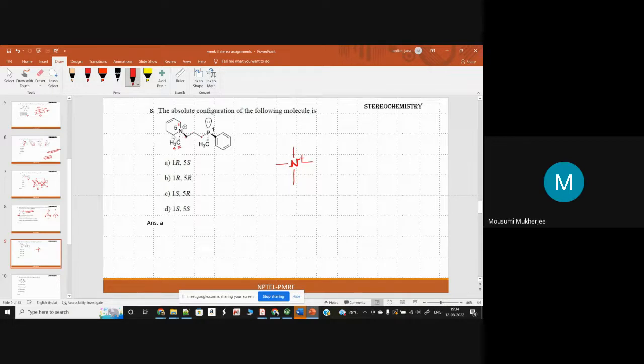C, C, C. There is a double bond over here, and over here the third one contains P. So P will be of higher priority.